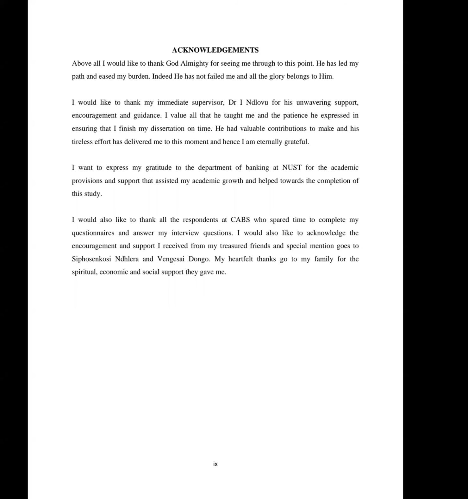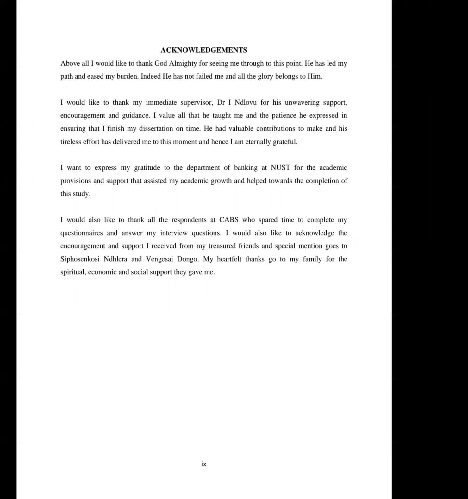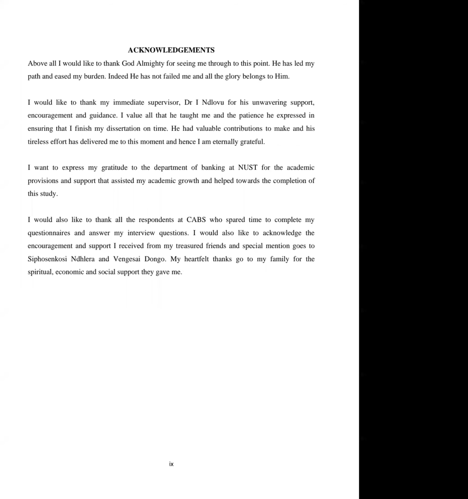the various people who assisted in the production of the project, starting with the creator himself and also the supervisor of the research project. And then next is the abstract. And then next is the list of abbreviations and acronyms.